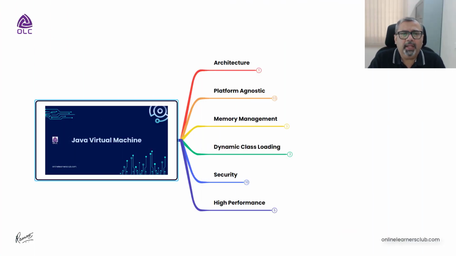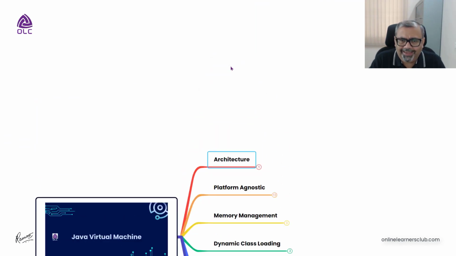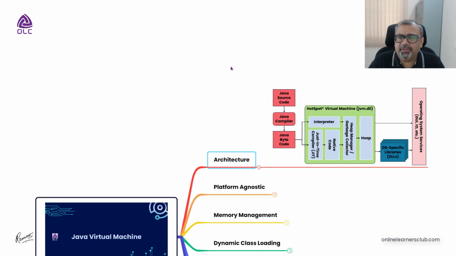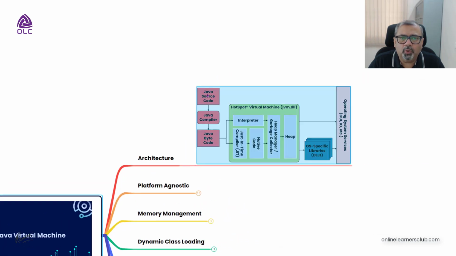All right, so let's explore the architecture of the Java virtual machine. So what is there inside the JVM? If you look at it, we see that the Java source code, or the Java program which is created, will be compiled by a Java compiler. The Java compiler is part of the Java Development Kit.